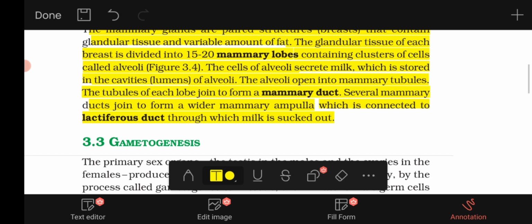Each lobe contains the milk producing cells, alveoli. Cells of alveoli produce milk and store it in their cavities, the lumen, which are then connected to the mammary tubules. Mammary tubules of each alveoli join to form a mammary duct. Several mammary ducts join to form the mammary ampulla or lactiferous ampulla, which is then connected to the lactiferous duct through which the milk is sucked out.